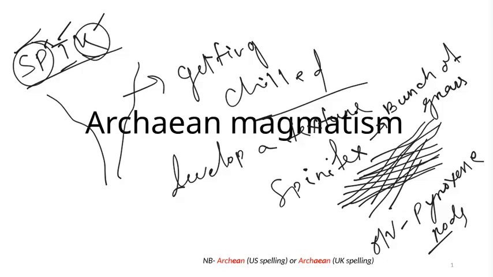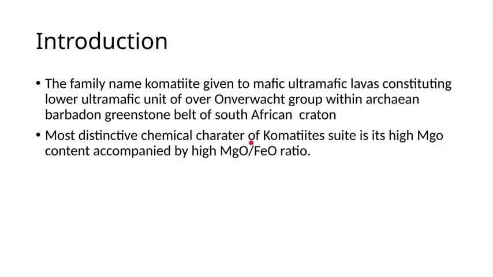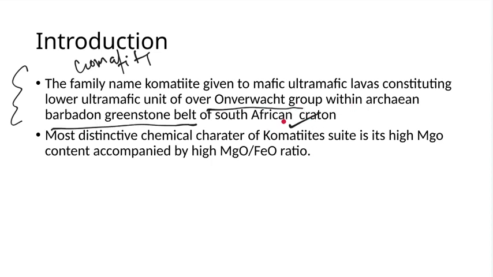Let's see what is left. The name komatiite was given to an ultramafic rock. It is the introductory komatiite, from the Onverwacht group of the Barberton greenstone belt in the South African craton. First komatiite is introduced here.